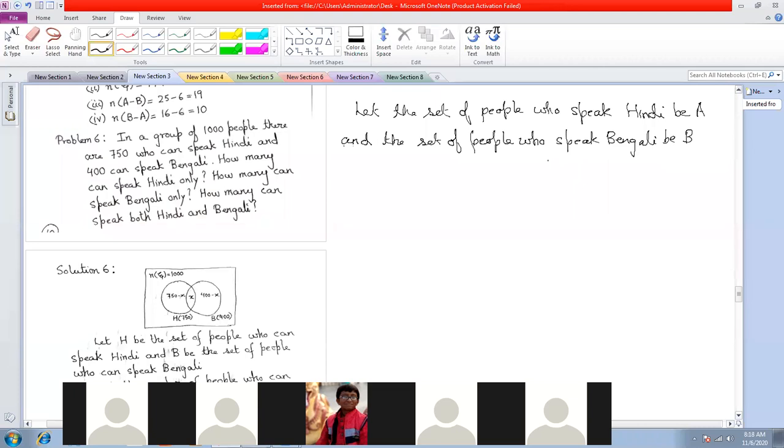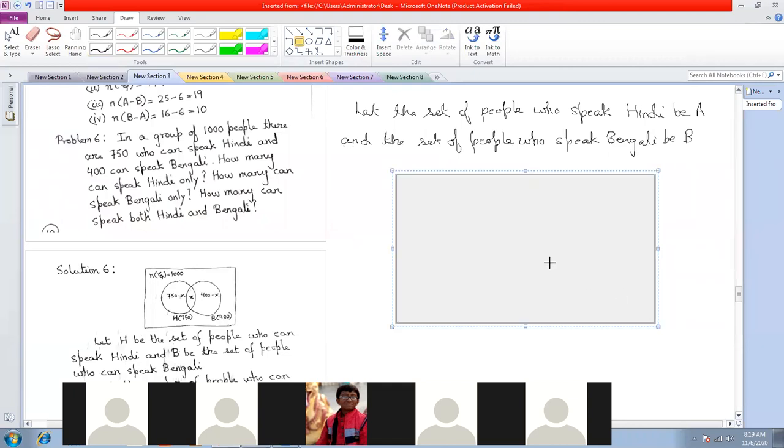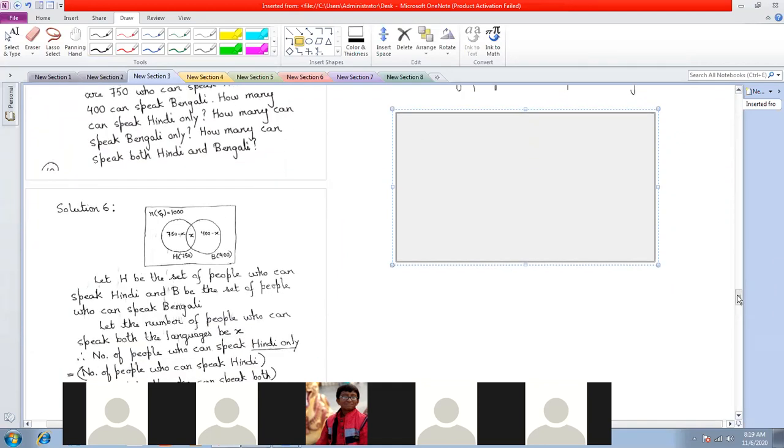So set of people who speak Hindi is A, set of people who speak Bengali is B. Now we shall represent it with the help of a Venn diagram. Let's see how it will look like in case of a Venn diagram.